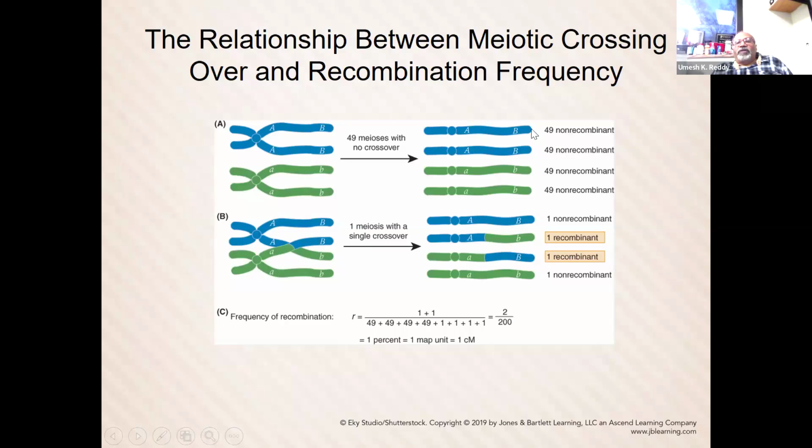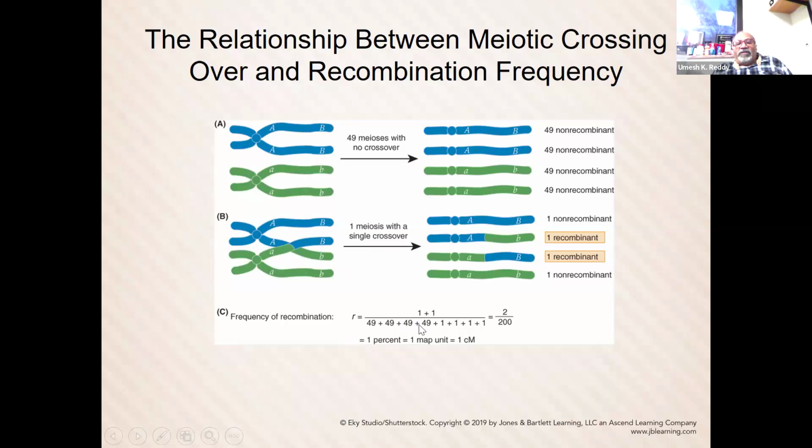So for each chromosome, each chromatid, there are 49, 49, 49, 49. All 49 meiosis give non-recombinant chromatids, plus 2 more chromatids.